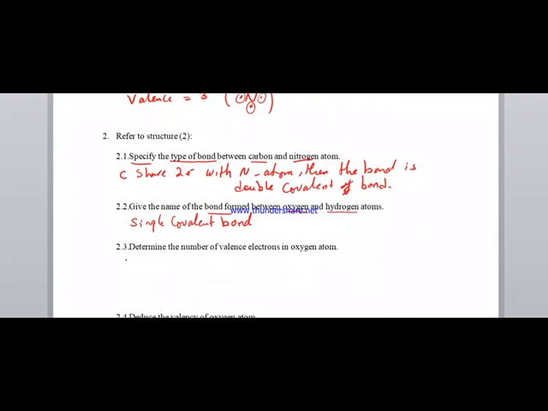The valence electrons in the oxygen atom is equal to the number of lone pair electrons plus the number of bonding electrons. We have two lone pairs, each pair containing 2 electrons, plus 2 bonding electrons, one with hydrogen and one with carbon. So the total number is 6 electrons.